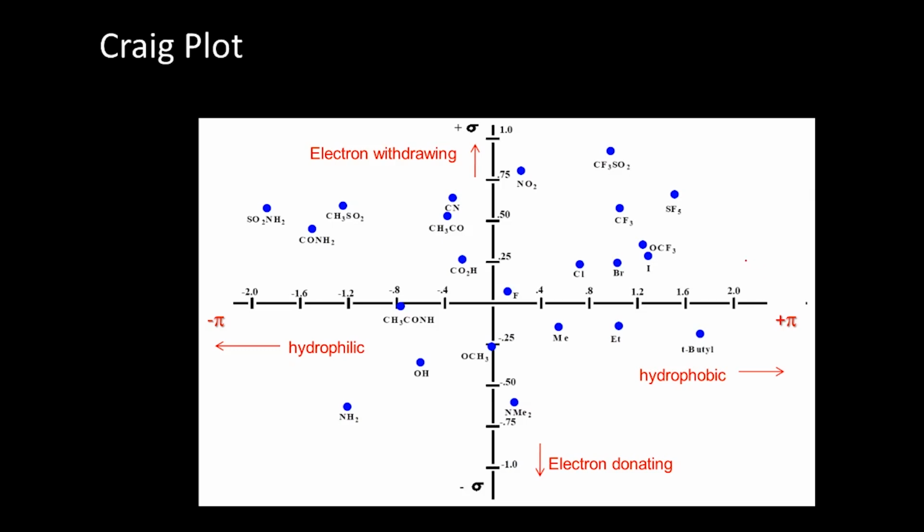Do I want to look at the electron withdrawing effect by maintaining the hydrophobic hydrophilic balance, or do I want to modify the hydrophobic hydrophilic nature by maintaining the sigma? By deciding, I can synthesize different types of molecules and study their activity, so that I will have a very fruitful QSAR relationship. That's very, very important.